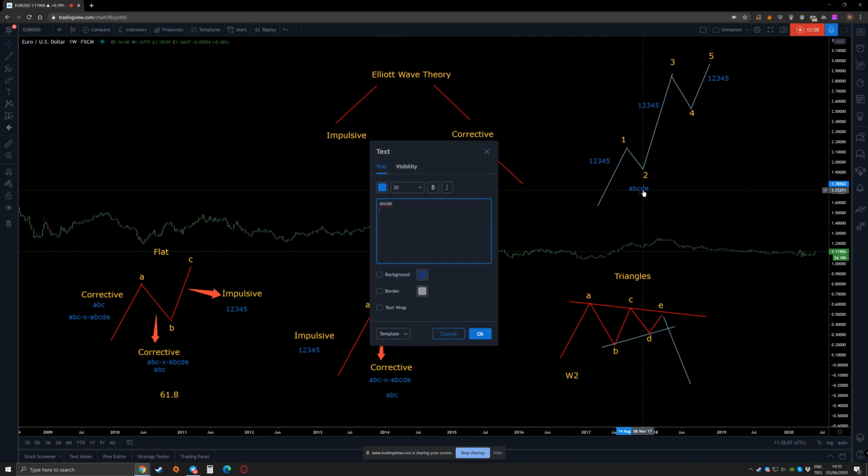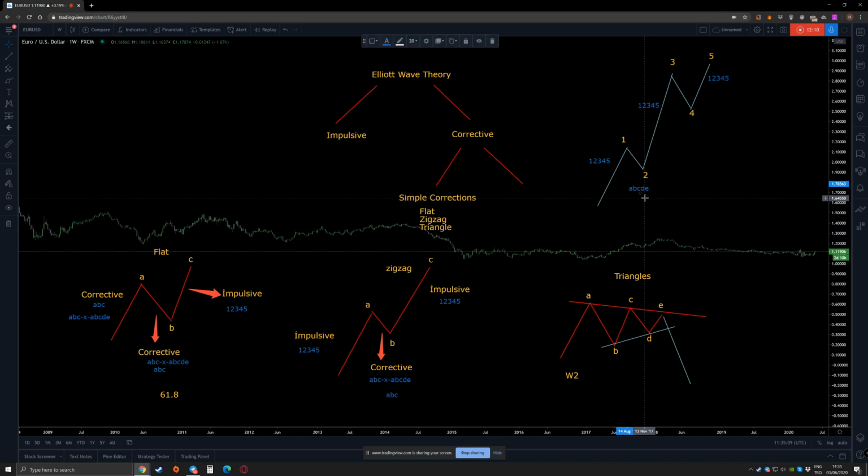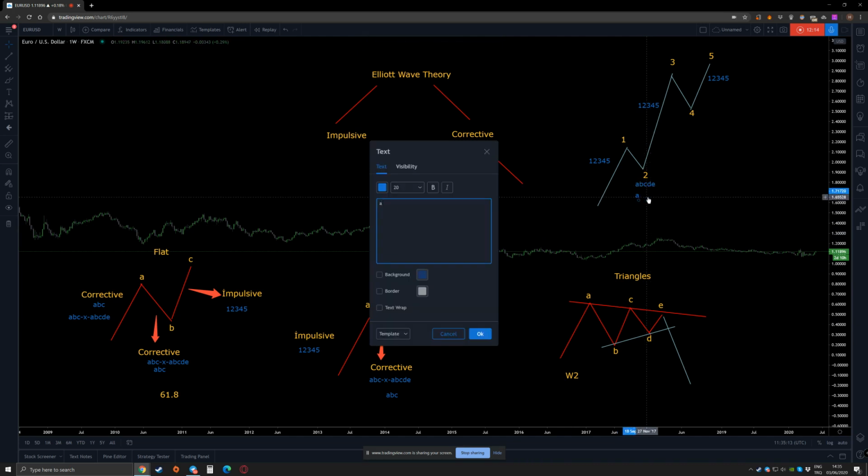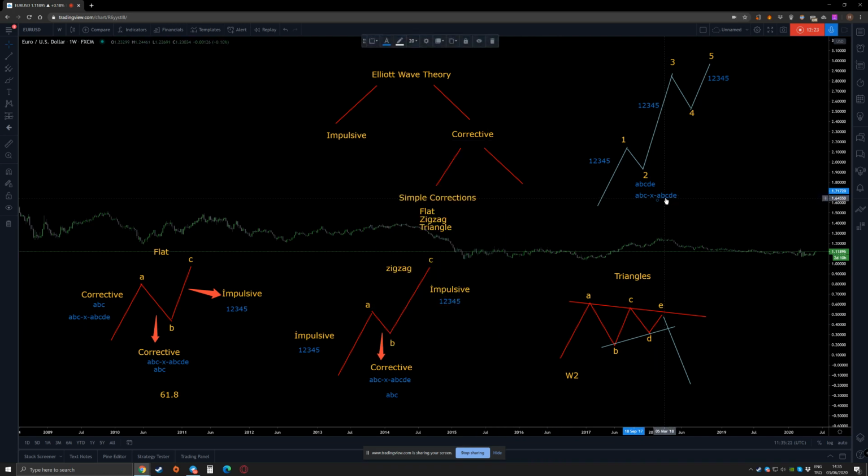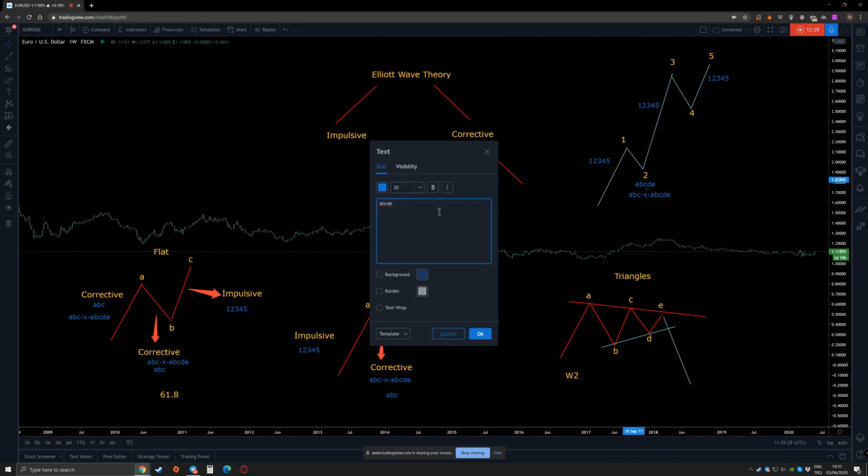It can be something like this: for example, ABC and an X wave, and then an ABCDE. That means this is a complex correction, which I will get to in the next video. Then it is possible. But this is not possible. No. Okay? It cannot be.